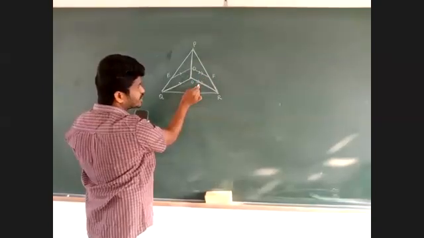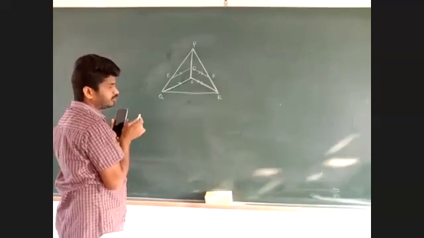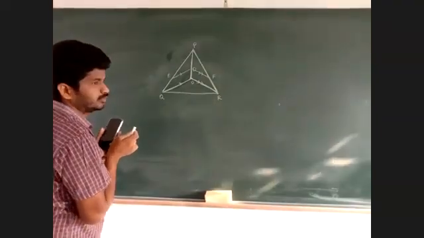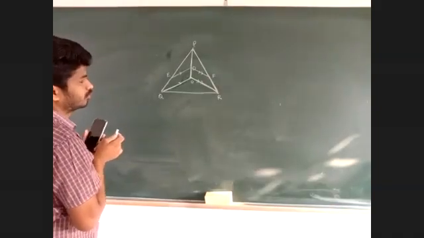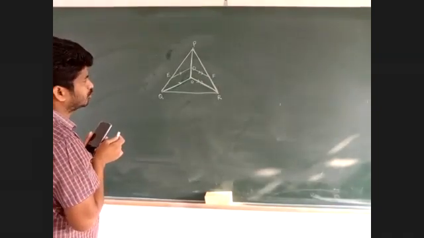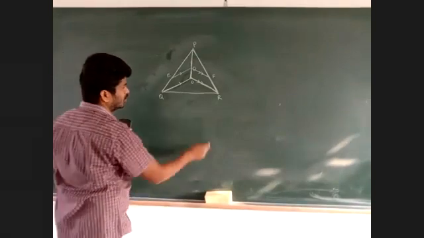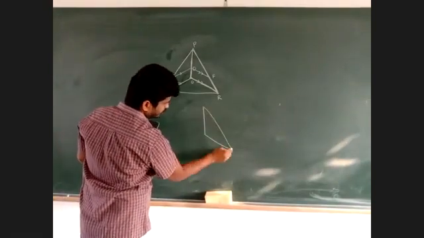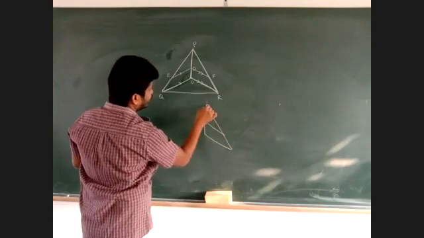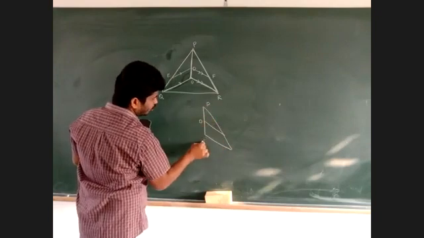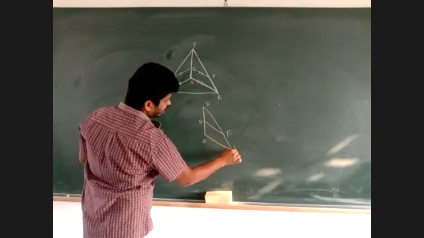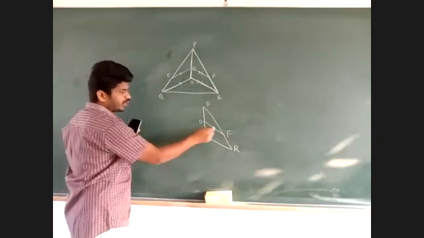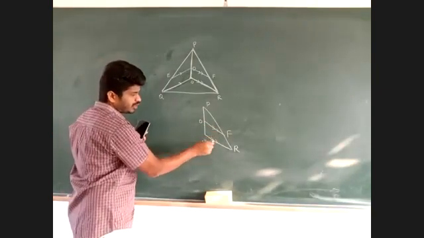Then apply the basic proportionality theorem. The triangle is like this: P, D, F, R. DF is parallel to OR.